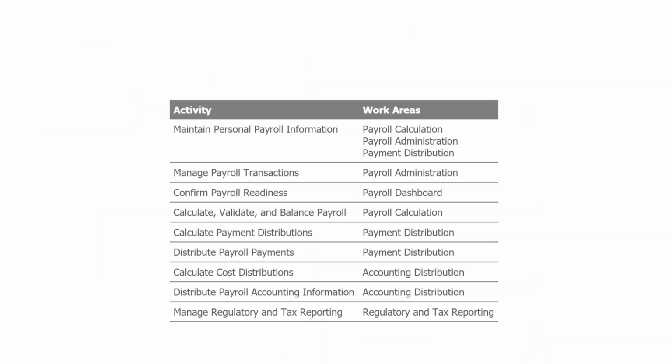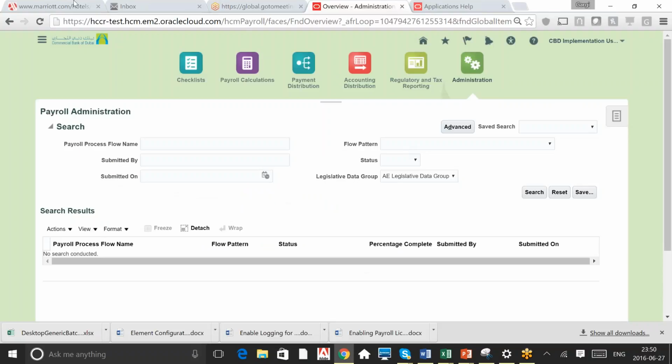Another thing is, for each of these boxes, which work area you should refer to. There is a mapping for that. For example, for maintain personal payroll information, which work area should you refer to: payroll calculation, administration or distribution. Which work area means, in the navigator under payroll, which link you should refer to for which task.